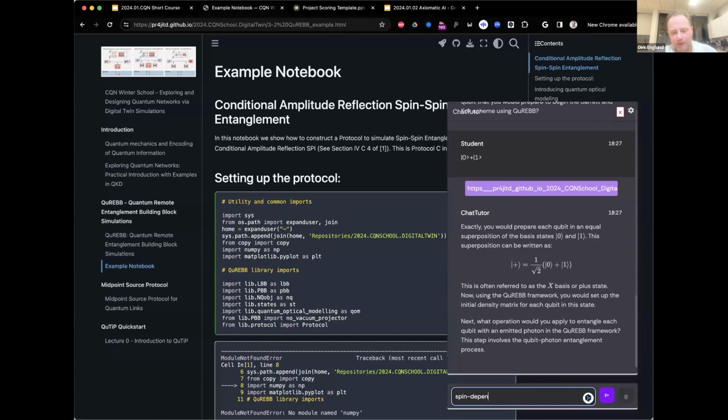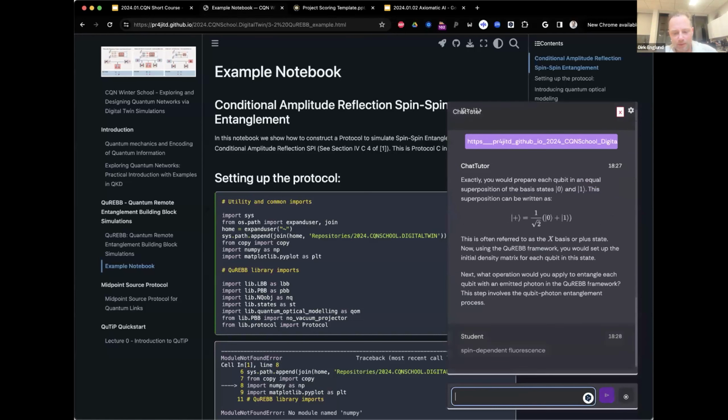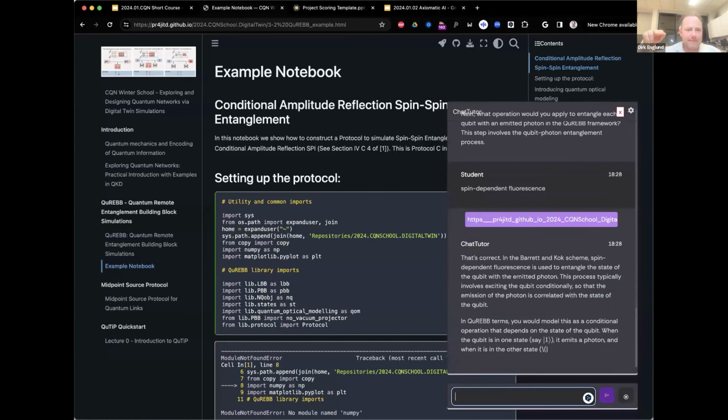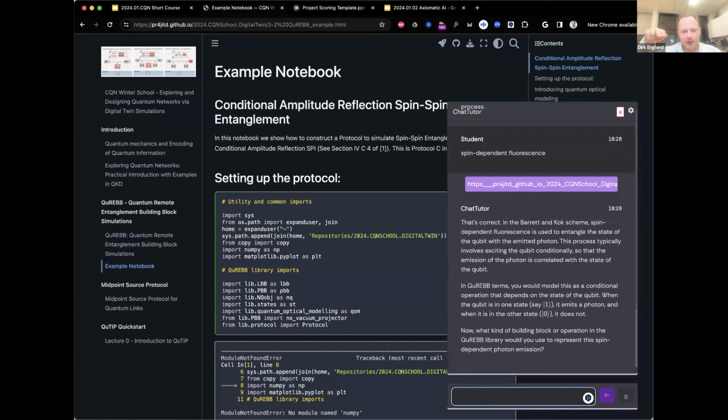Spin dependent fluorescence. So for folks who are still dialed in, what you're seeing is the reason it works quite well is because it's context aware. It knows what you're looking at, and it can synthesize out of the code base that we give it.